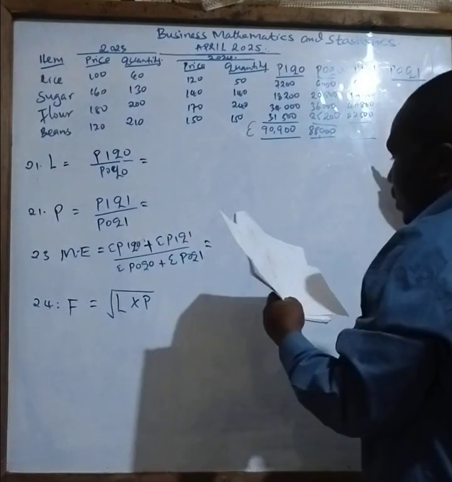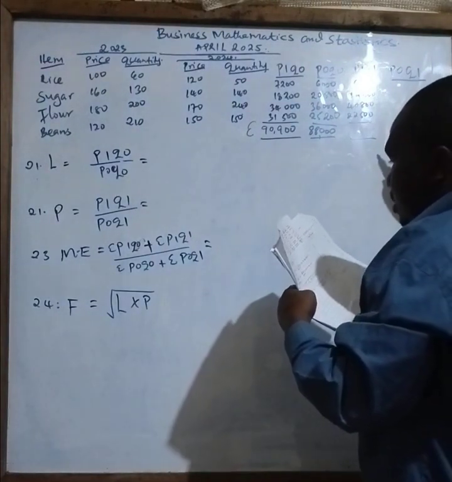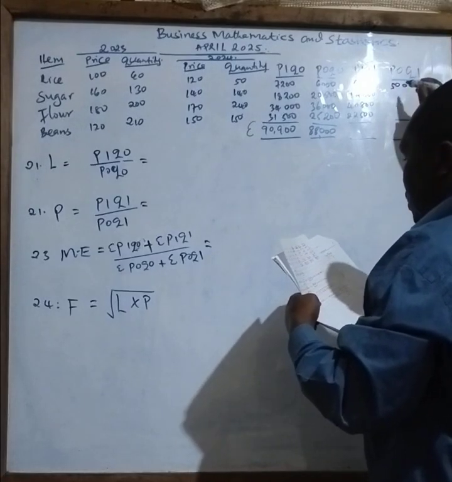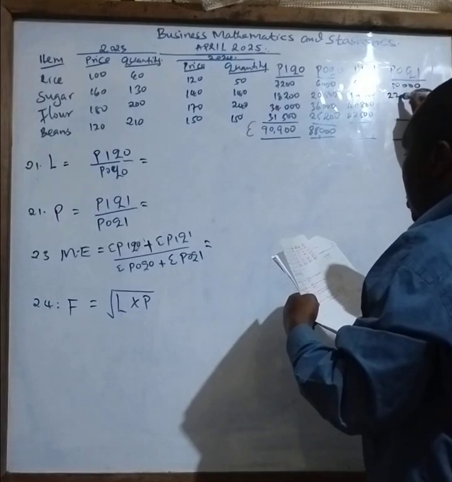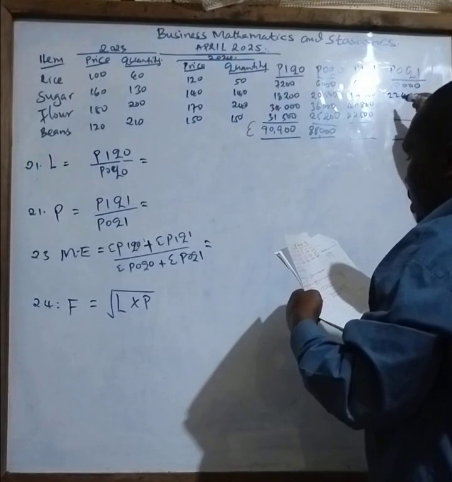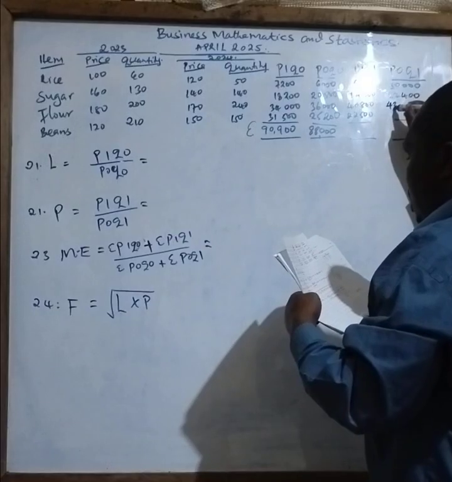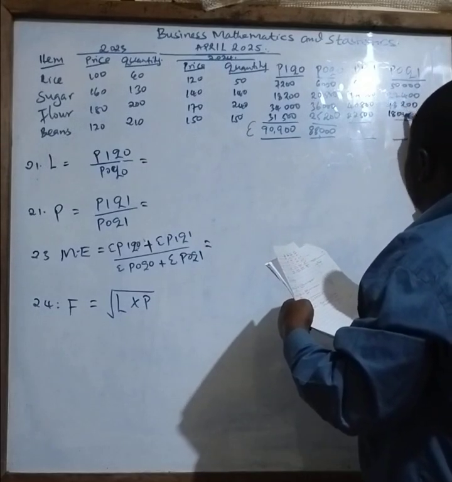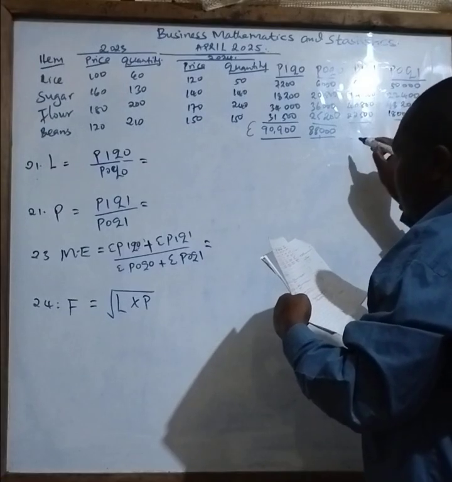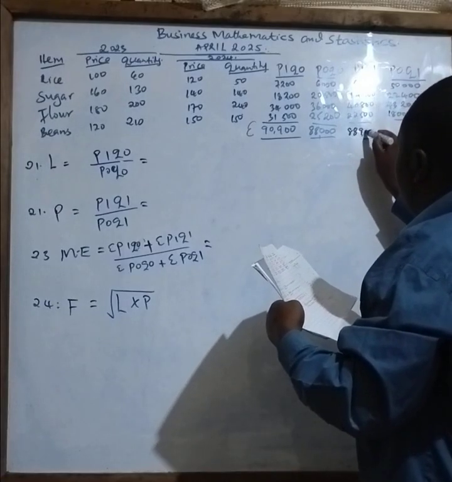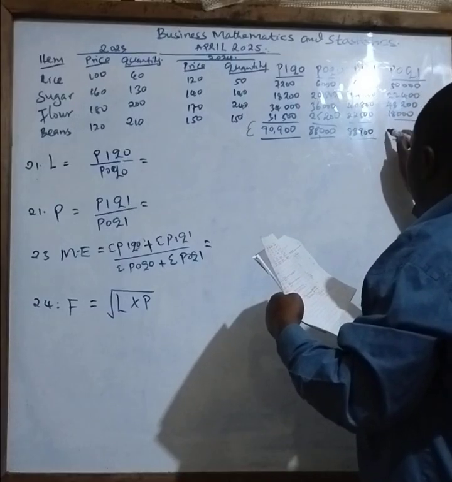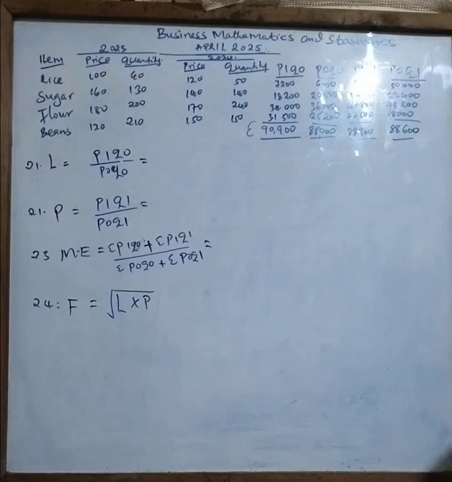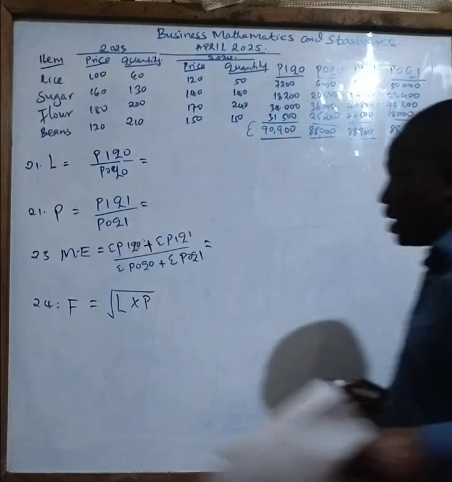So when I multiply that figure, the answer I get is 5,000 here, 22,400, I will get 43,200, and also 18,000. So the summation here, I will get 88,900, and this one will give you 88,600.